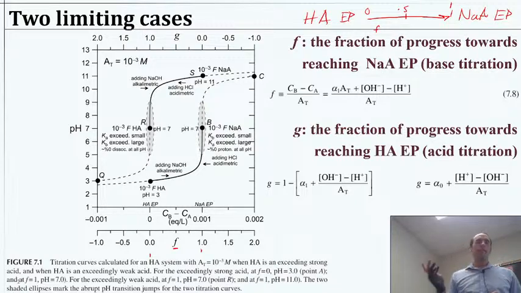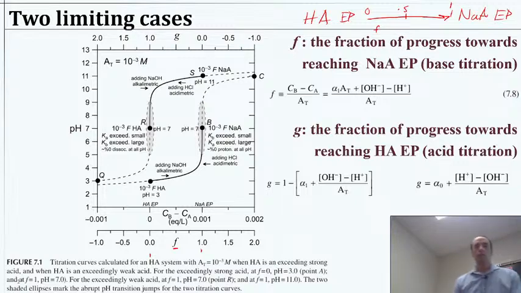Okay, G is very similar. It's essentially the inverse. If we are adding acid, what fraction of acid have we added to progress ourselves from the NaA equivalence point to the HA equivalence point?